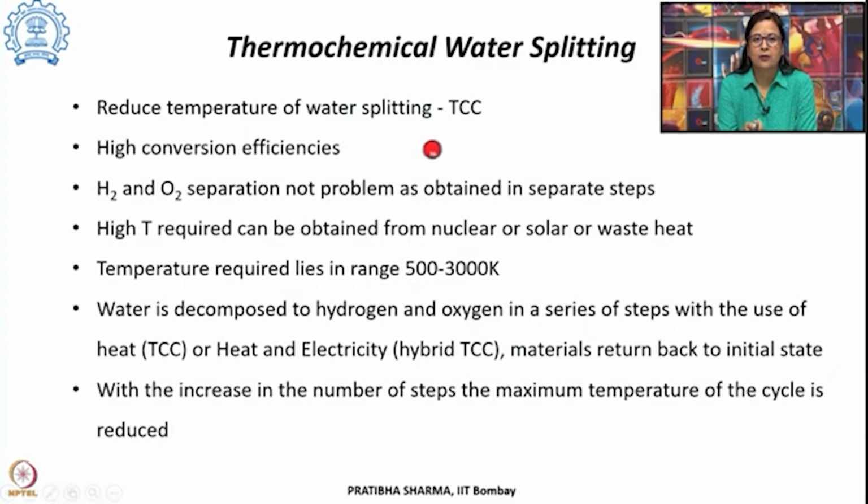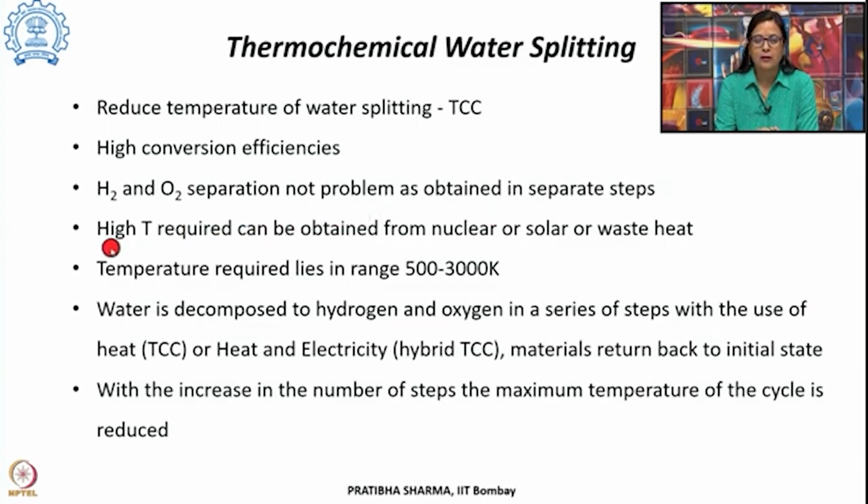These cycles are known to have higher conversion efficiencies. Although the theoretical efficiencies of these cycles are high, when it comes to actual situations there are many losses involved, as such the efficiencies reduce. At the same time, since the hydrogen and oxygen are being produced in separate steps, the separation is not a problem when we are considering thermochemical water splitting.